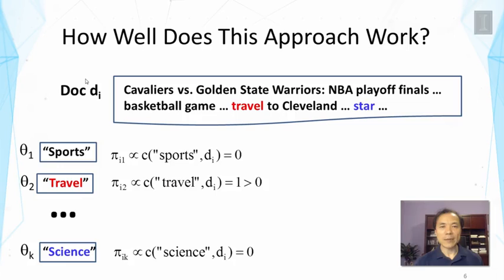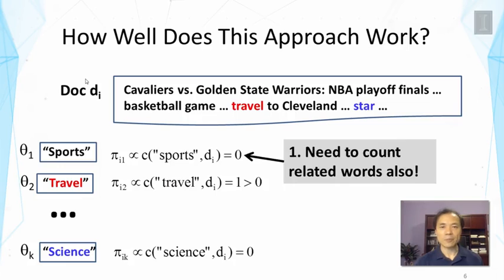So this simple example illustrates some problems of this approach. First, when we count what words belong to the topic, we also need to consider related words. We can't simply count the topic word sports. In this case, it did not occur at all, but there are many related words like basketball, game, etc. So we need to count related words also.